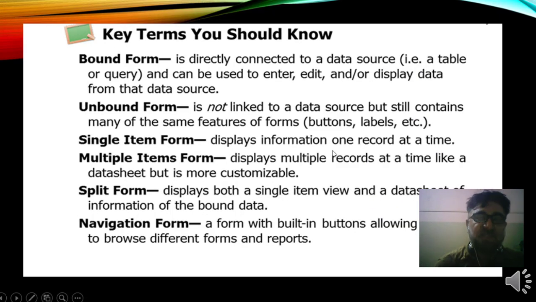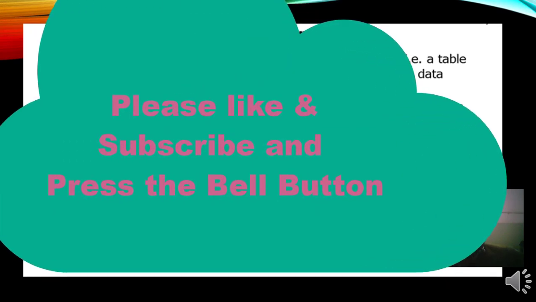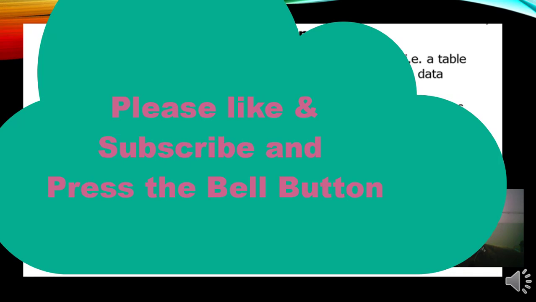So key terms you should know. Bound form is directly connected to a data source. It is a table or query and can be used to enter, edit and or display data from that data source. Unbound form is not linked to a data source but still contains many of the same features of forms, button, label, etc. Single item form displays information one record at a time.